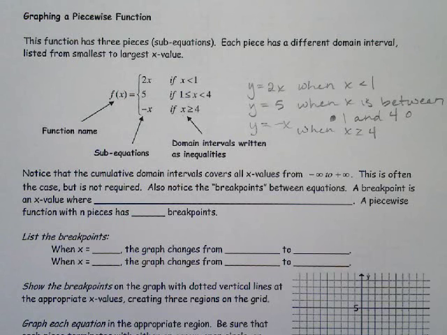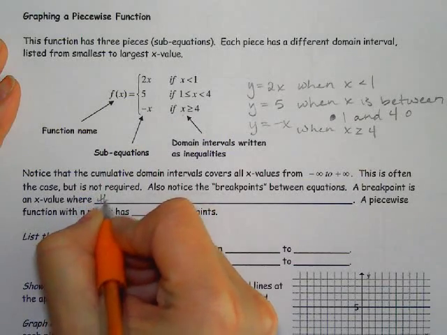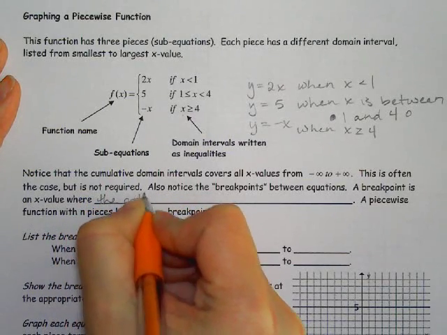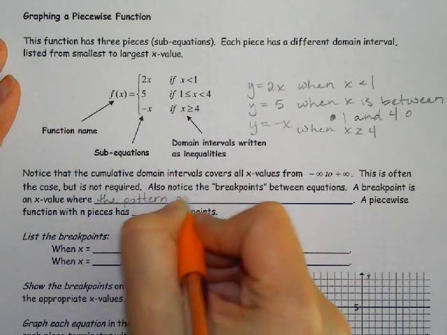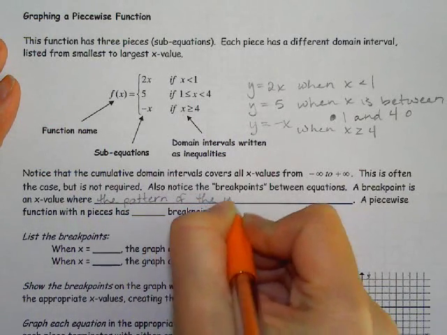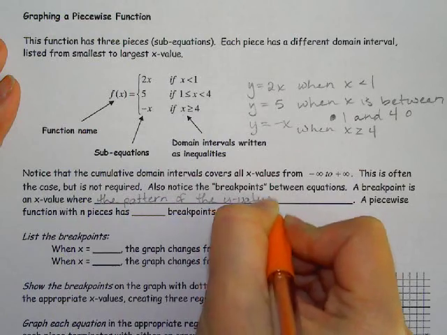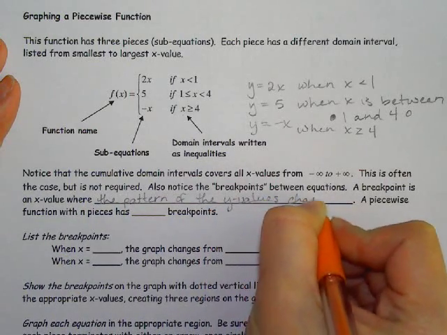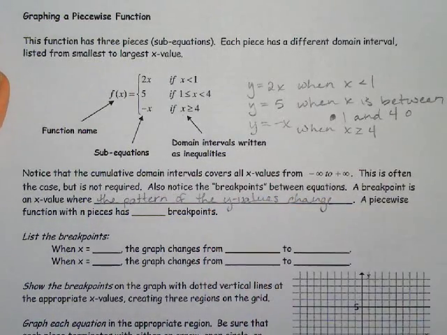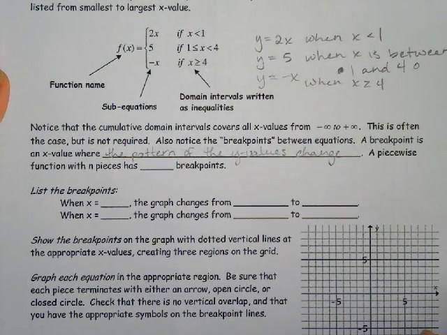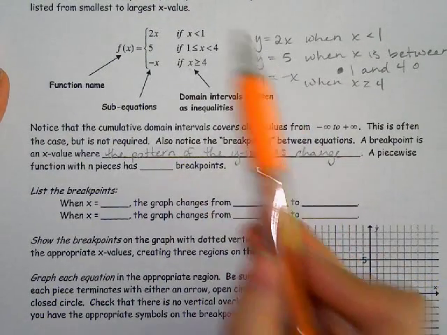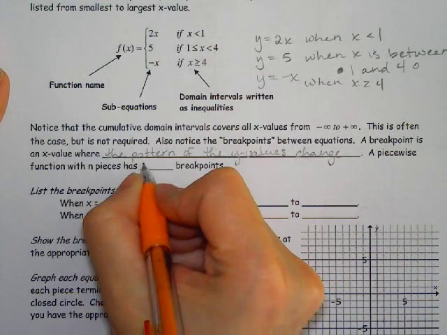There are also breakpoints between the equations. So the breakpoint is where an x value, where the pattern of the y values change. So a piecewise function with n pieces has n minus 1 breakpoints.